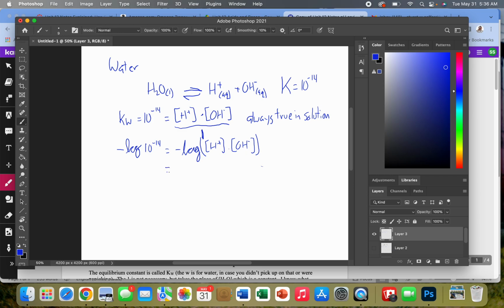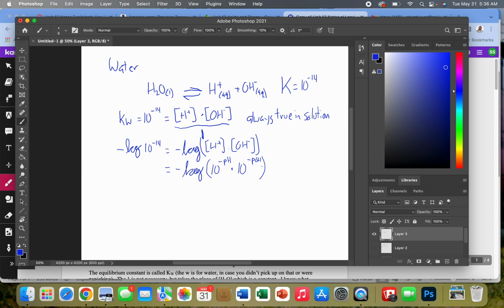We can substitute in one of those functions that we just did. We're going to call this 10 to the negative pH times 10 to the negative pOH, since we just said that's what H plus and OH minus are.